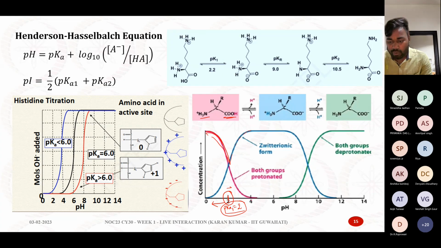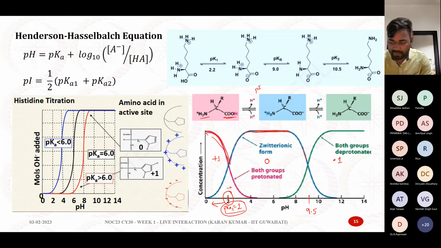Once you reach the pI value, which is the average of the +1 state, 0 state and -1 state, the most prominent thing you will see is the zwitterion form. Now let us say you have crossed pH 9.5.